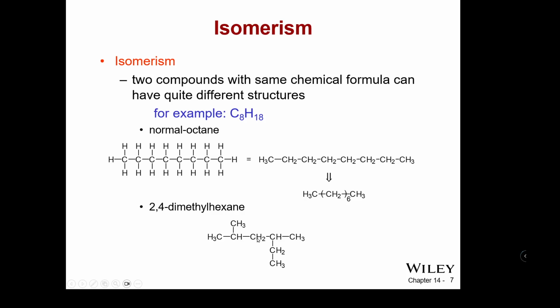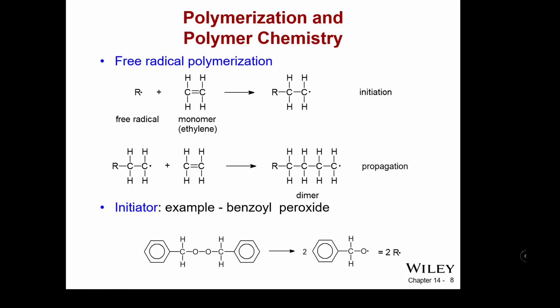So 1, 2, 3, 4, 5, 6, and 2 branches. So 2 and 4 dimethyl, 2 methyl groups, hexane. So the names of these things are important to describe what their geometry is.